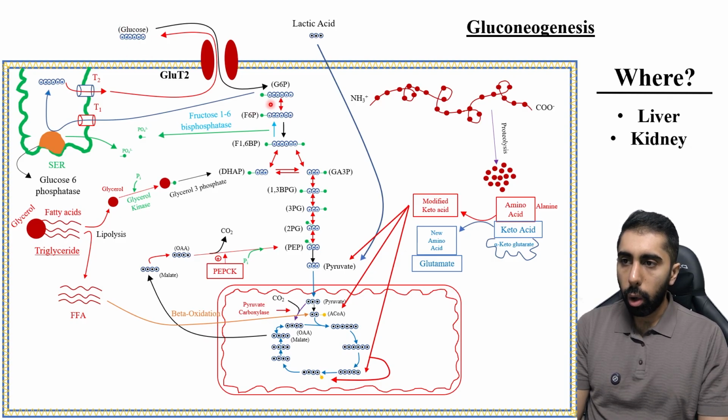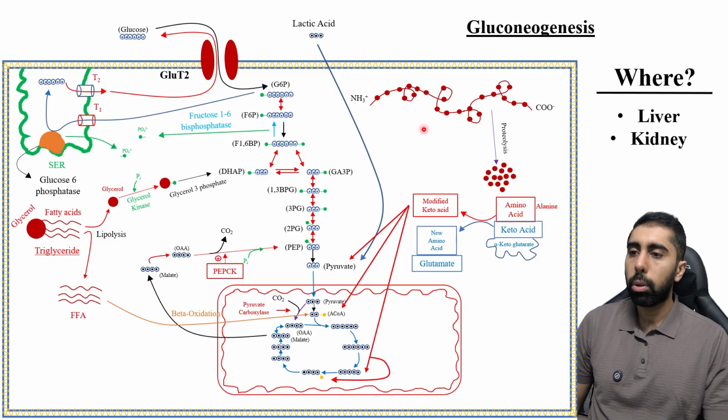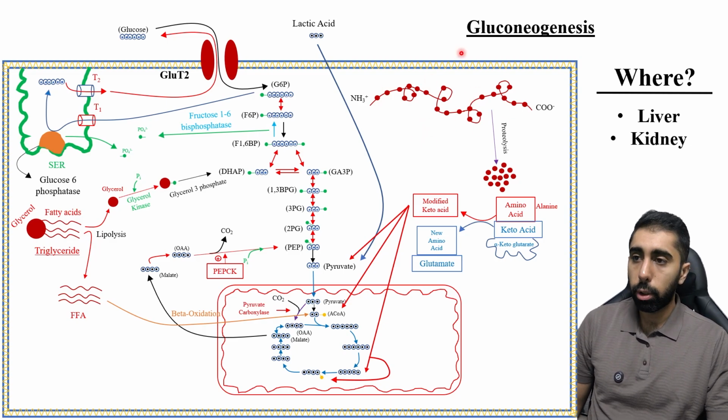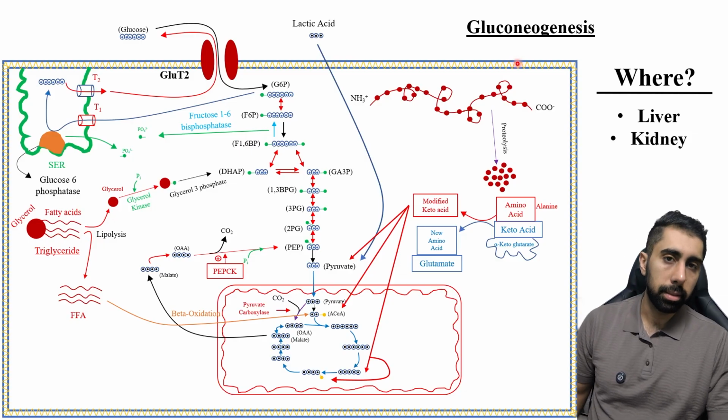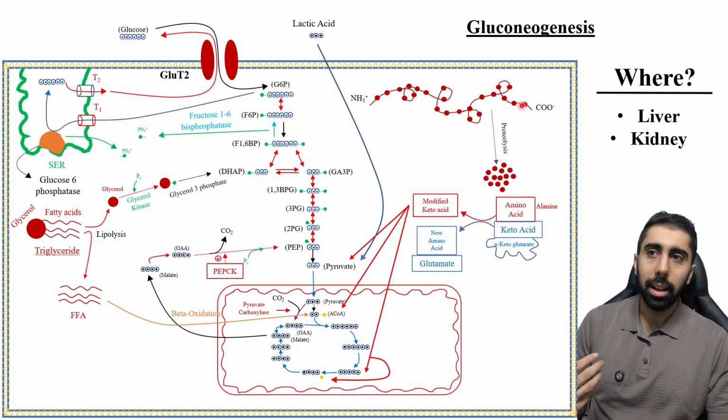So this was all about gluconeogenesis. There is some important information you must know. The first and foremost is this: using proteins for gluconeogenesis is not healthy, is not good, because think that we are using, for example, our muscles in order to produce glucose.